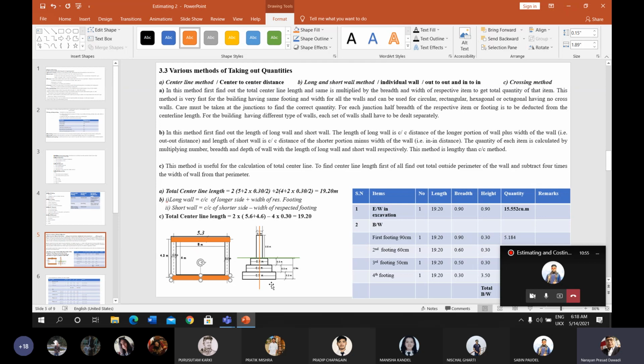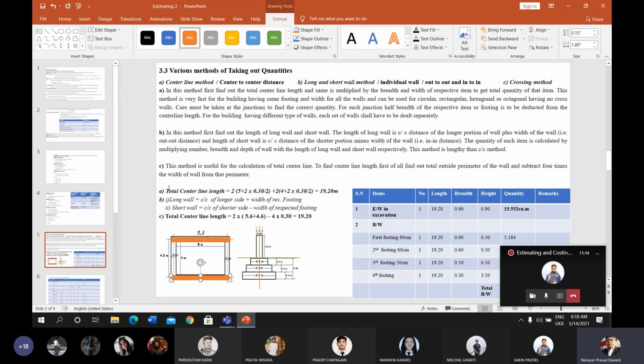This is the method. After finding the length of long wall and short wall, we can calculate the quantity with respect to the required width and height of the footing of the respective item.